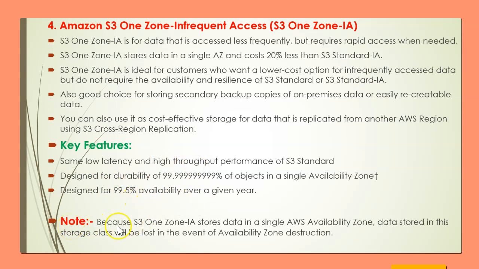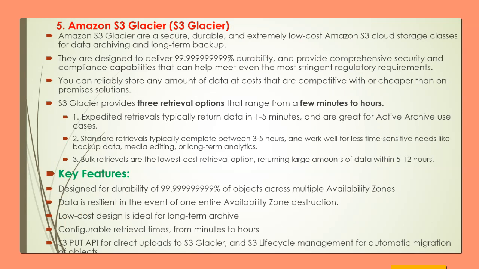Just keep in mind that it's because S3 One Zone Infrequent Access stores data in a single availability zone. Data stored in this storage class will be lost in the event of an availability zone failure or any destruction at this availability zone, because your data is not going to be replicated into a different availability zone.